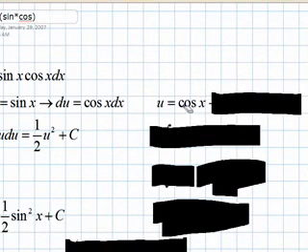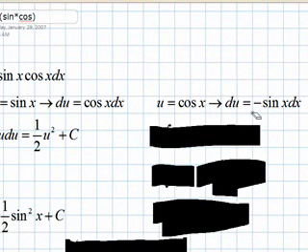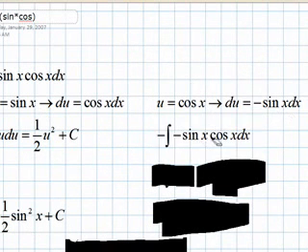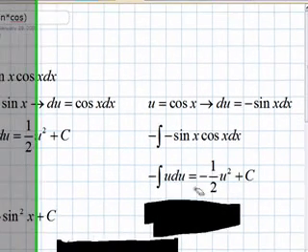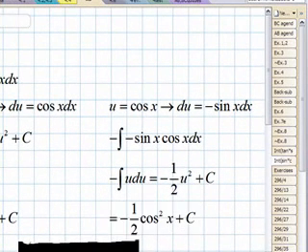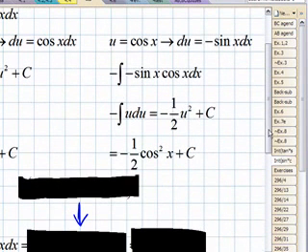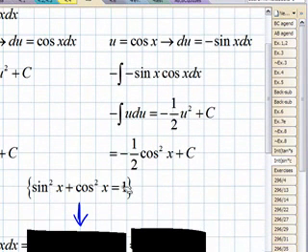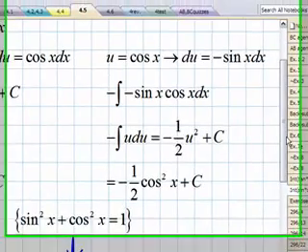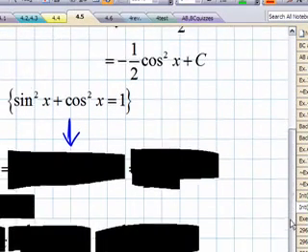However, if I make u cosine, du is negative sine x dx, so I have to put a negative on the inside, negative on the outside, and I end up getting negative half u squared plus c. So again, they differ by the negative and also by the constant, but that can be accounted for by this Pythagorean identity.